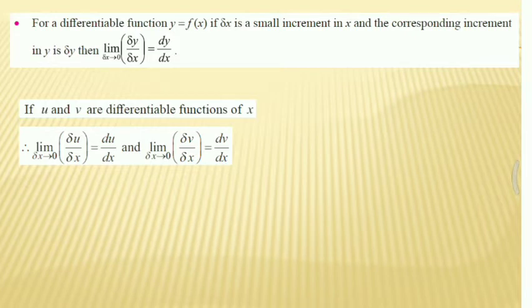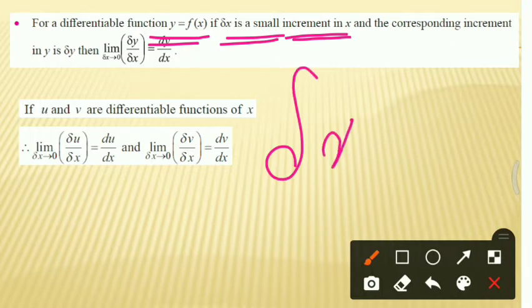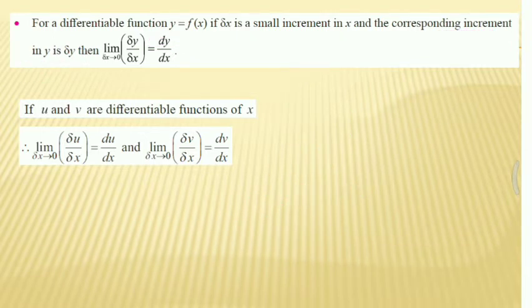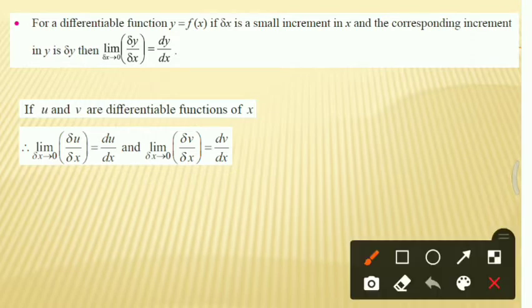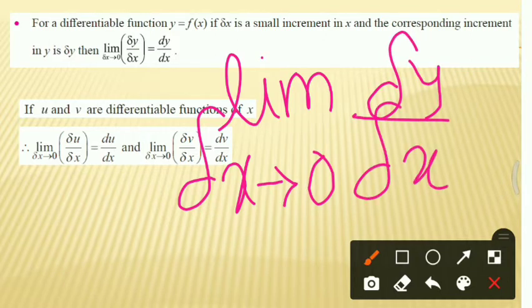Now, for a differentiable function y equal to f of x, suppose delta x be the small increment in x and the corresponding increment in y is denoted by delta y, then this limit as delta x tends to 0 delta y upon delta x exists.